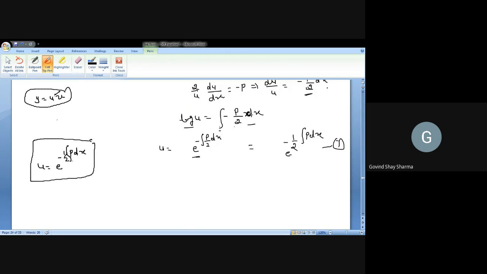So, to find the value of v, d2u upon dx2, d upon dx minus half.